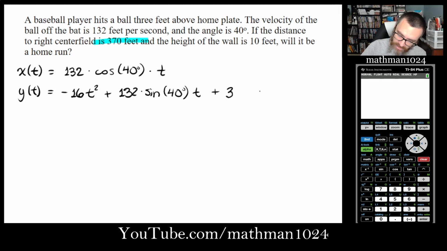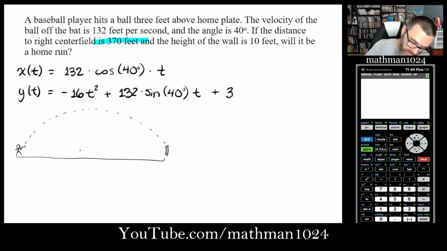So when I look at this, I draw a quick little picture. So here's my little dude, here's his baseball bat, and he hits a ball, and he hits it up, and is it going to cross over this 10-foot wall out here? Now from here to here, we know that this is 370 feet.